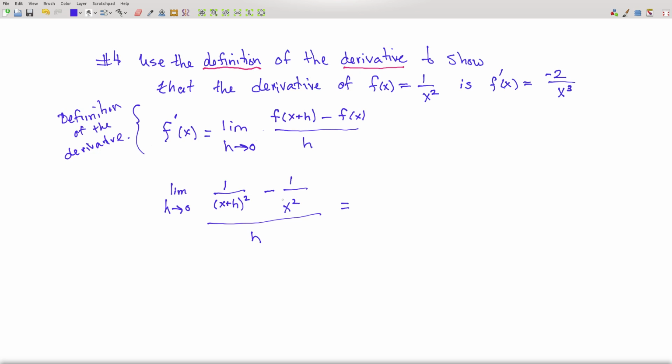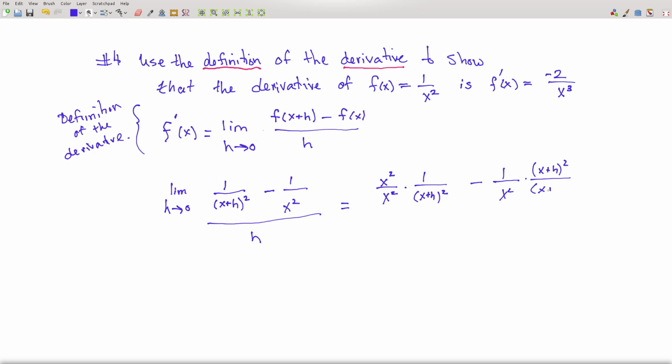So watch what I do here. To get a common denominator, I'm going to multiply the top and the bottom of the first term by x squared. So it's x squared over x squared times 1 over x plus h squared, right? Minus, now over here, to get a common denominator, I need to multiply the top and the bottom by the quantity x plus h squared.